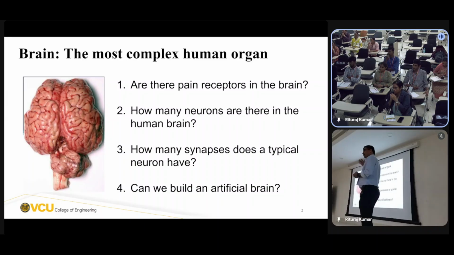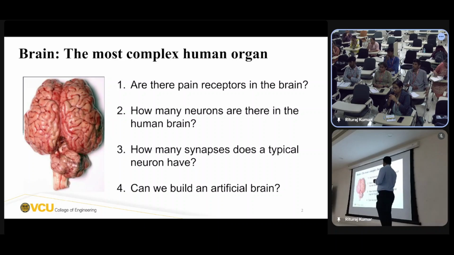Of course they anesthetize the patient when they drill through the skull, because the skull and skin have pain receptors. But once this is done, the brain itself doesn't have pain receptors.